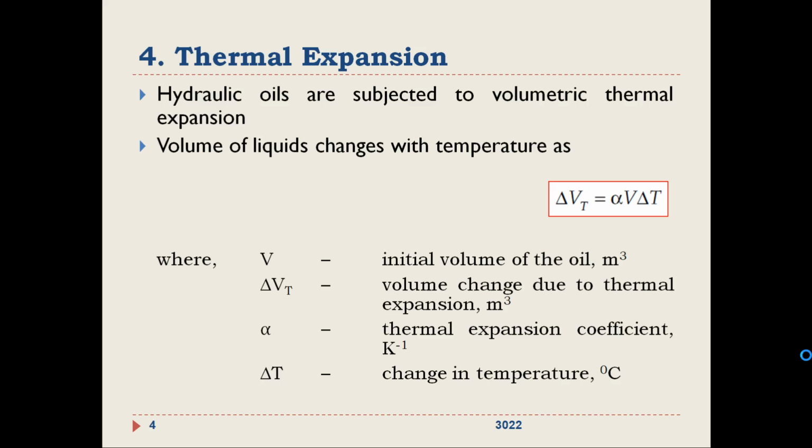Alpha is the thermal expansion coefficient in 1 per Kelvin. Delta T is the change in temperature in degrees Celsius or Kelvin. So this is the relation between the volume change and the temperature change.